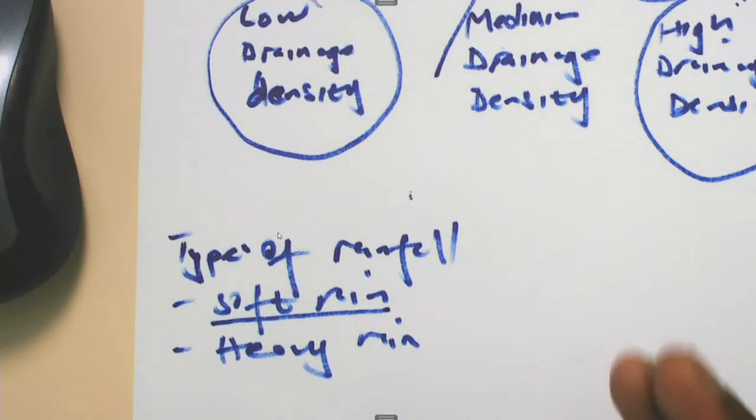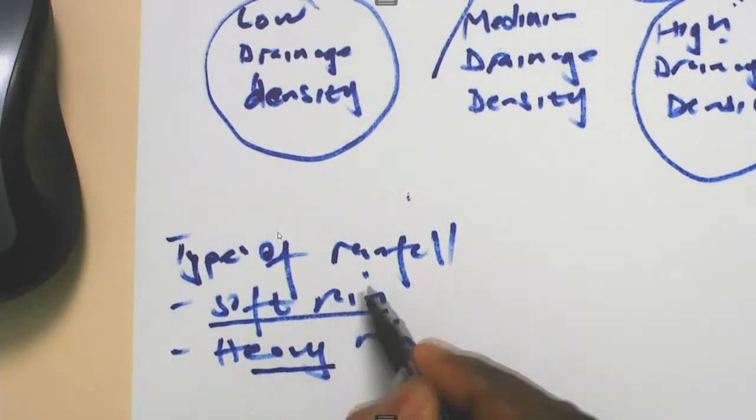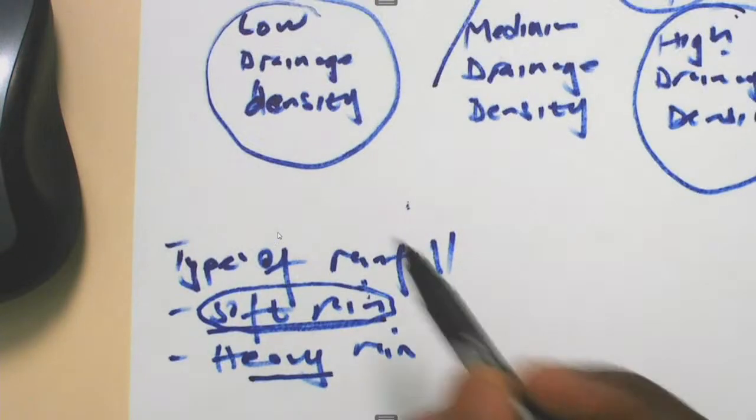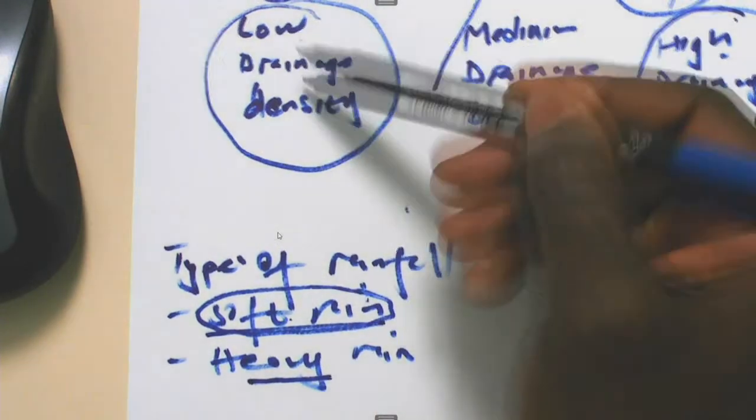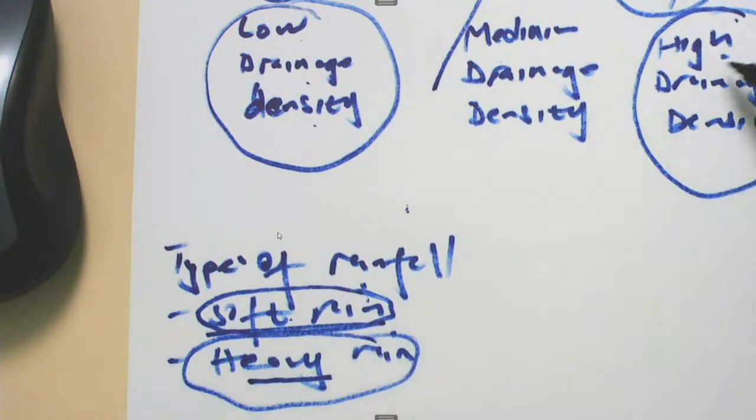There won't be streams. But if we're having heavy rainfall, that's when there will be many streams. So soft rain is associated with a low drainage density, but heavy rain is associated with what? With high drainage density.